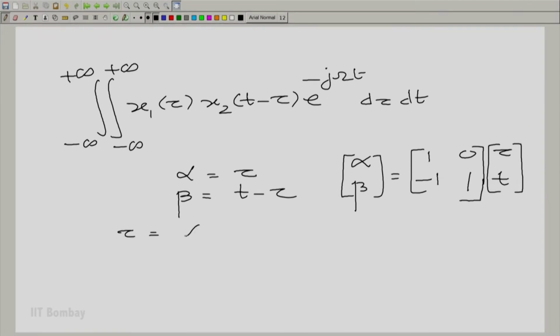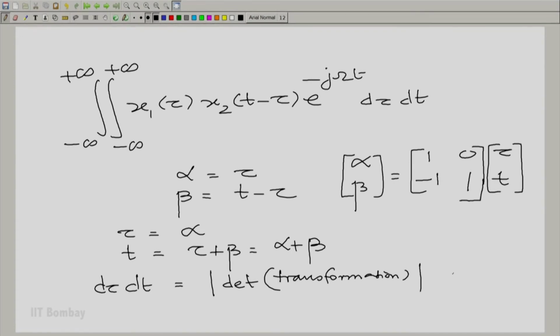Tau is of course equal to alpha and t is equal to tau plus beta, which is equal to alpha plus beta, and d tau dt is essentially the modulus of the determinant of this transformation times d alpha d beta.